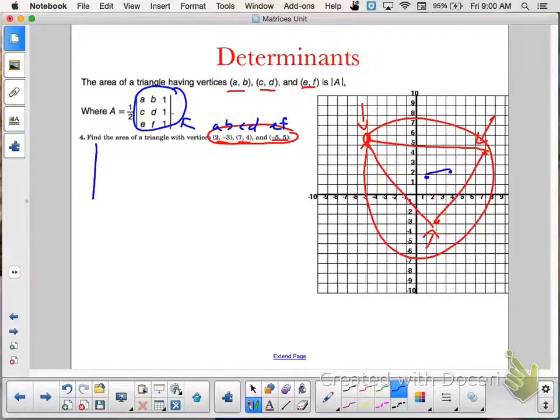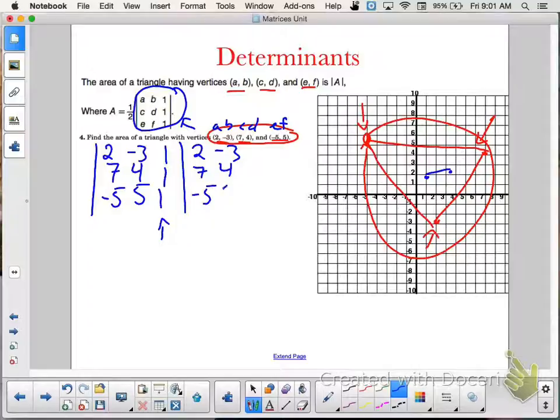So all you do is plug in your numbers. So 2 and -3 are A and B, C and D are 7 and 4, E and F are -5 and 5, and then I just have 1s all along this column. So now if I go through my steps, 2, -3, 7, 4, -5, and 5. Draw my lines. Here I will get 8, here I will get 15, and here I will get 35, and that should give me 58.